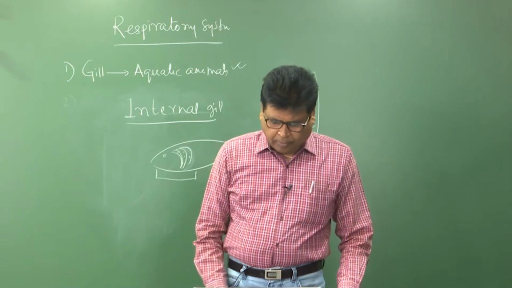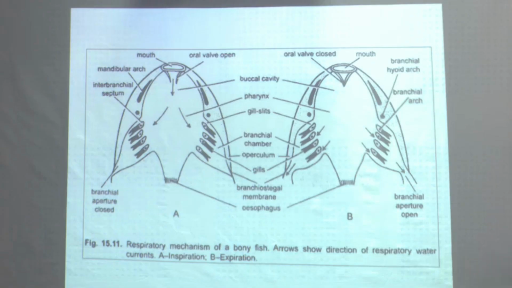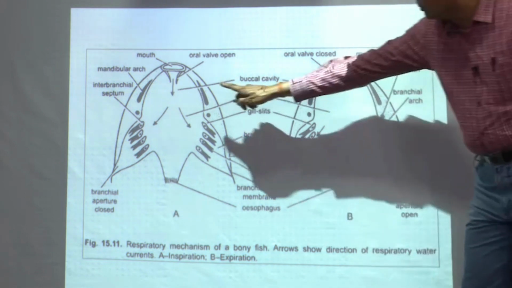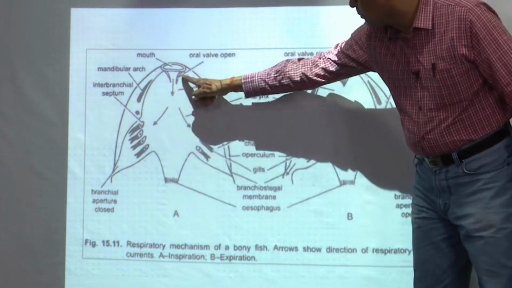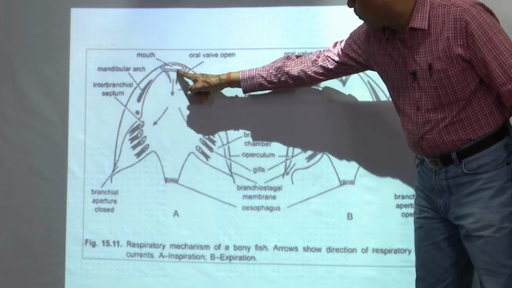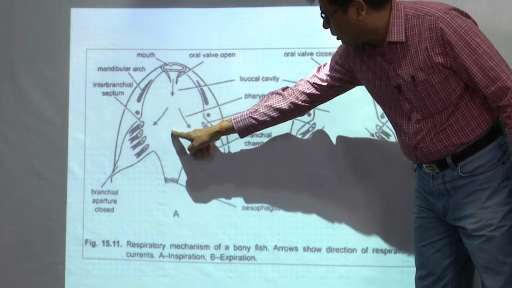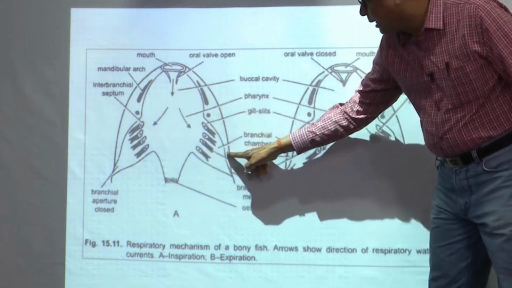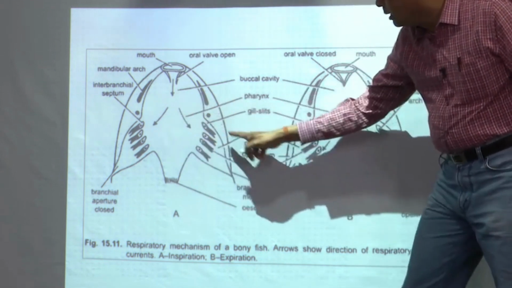Now in this picture I want to show you how these gills are functioning. You see, this is the mouth. When the mouth is open, water enters. This water is entering the gill. This is one side of the gills and this is another side.